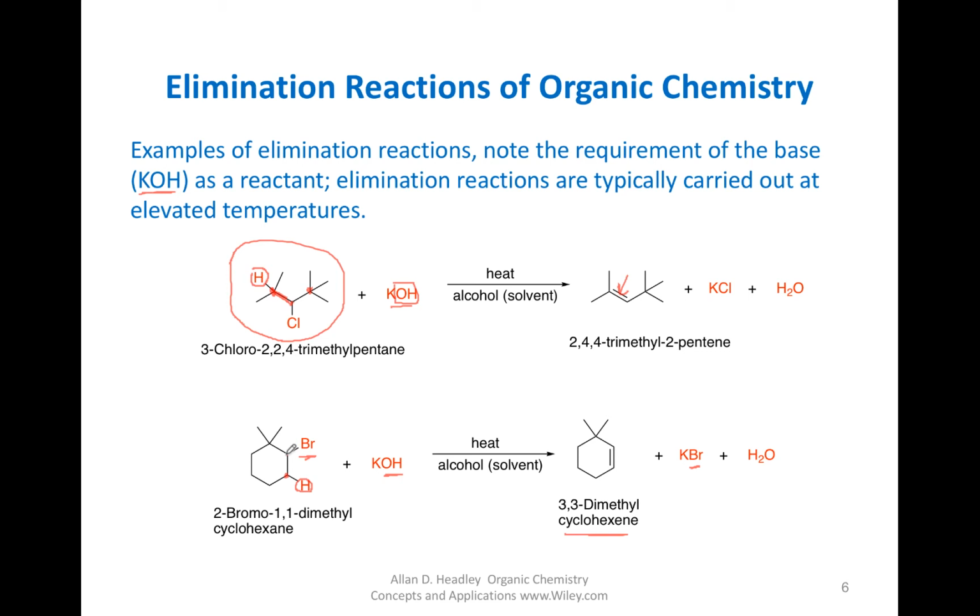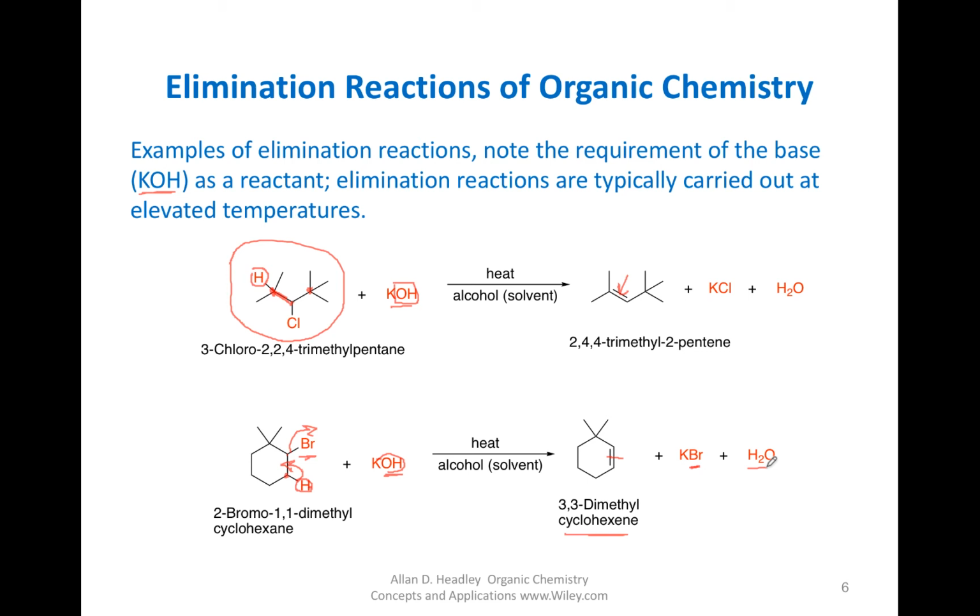In some books, you'll see this as a beta elimination or a 1,2 elimination because it occurs from the adjacent carbons. So in the presence of a base, this base will pull off this hydrogen, these electrons will swing in, and that will leave, giving us our double bond right here, and bromide as the leaving group, and of course, since we have OH as the base, we have water as the product.